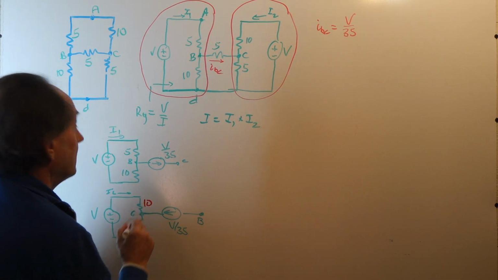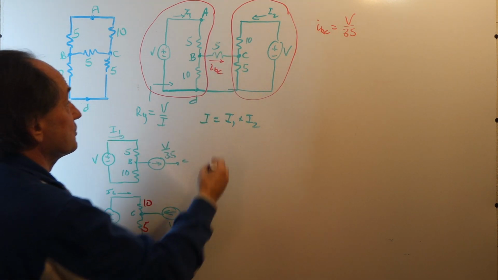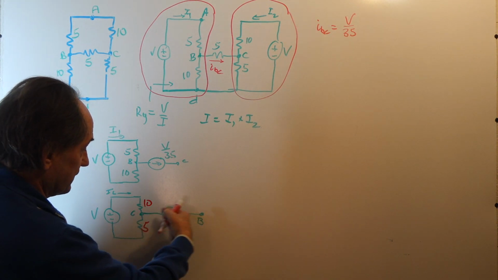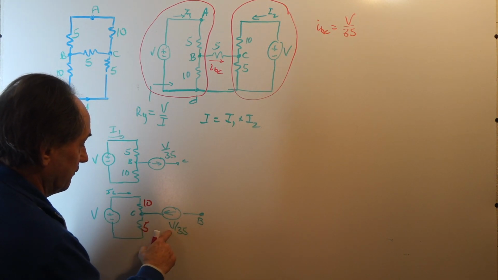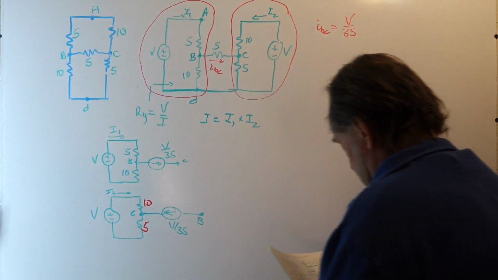This is going into the 10 ohm resistor and then the 5 ohm resistor, but the current is going into node C, so the current source is sourcing current into node C with value V over 35.